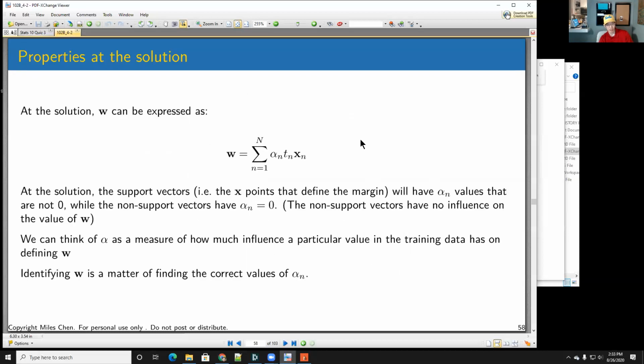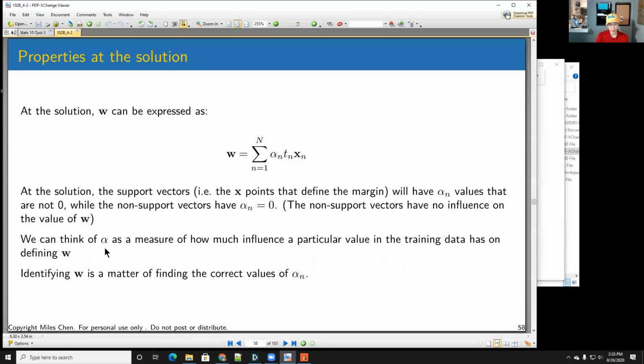And it turns out that the alphas that satisfy are the ones where, and I already mentioned this on a separate slide, the alphas are 0 for all the non-support vectors, and the x's that do count will have an alpha that is not 0, because those influence what W ends up being, okay?